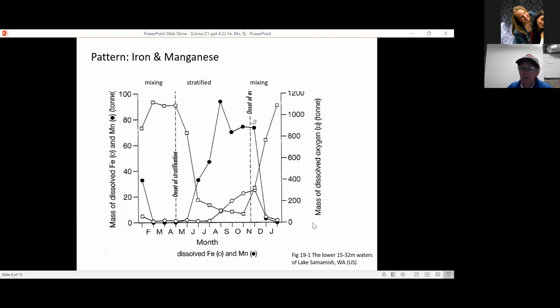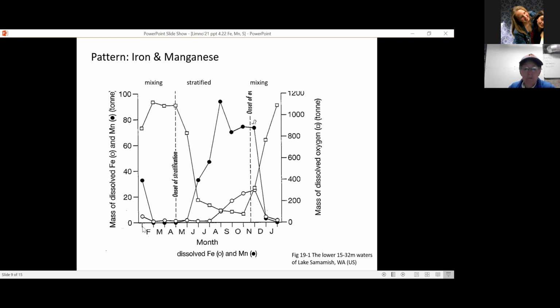On the right-hand axis, we have the oxygen. Again, they took the oxygen concentration and multiplied it by the total volume of water to get mass of oxygen, but it's the same pattern as if they had just left it as concentration. So the vertical axis on the right-hand side is the mass of oxygen, and the oxygen concentration is indicated by the open squares. So here's the oxygen.